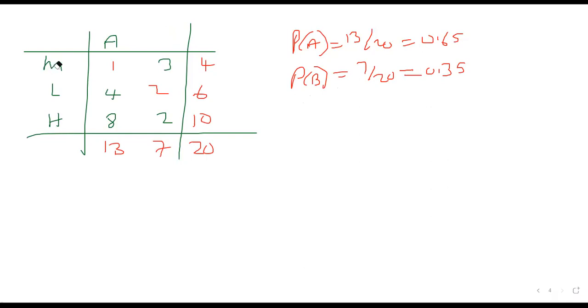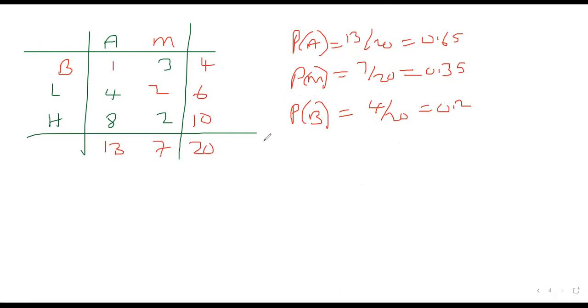Oh, I can swap these two letters here. Sorry, this will be B and this is M. What's the probability of letter M? The total for M is 7 out of the grand total, 20. What's the probability of B? Who wants to try? The total for B is 4 out of 20, 0.2.